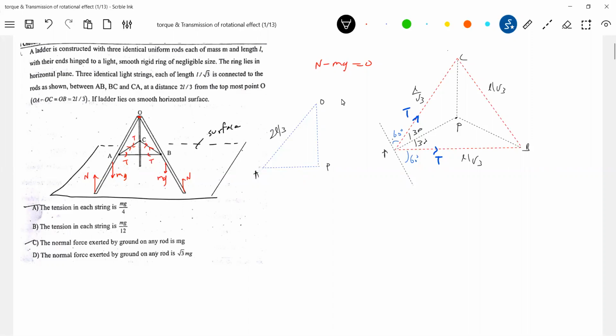What is the distance AP from the equilateral triangle?